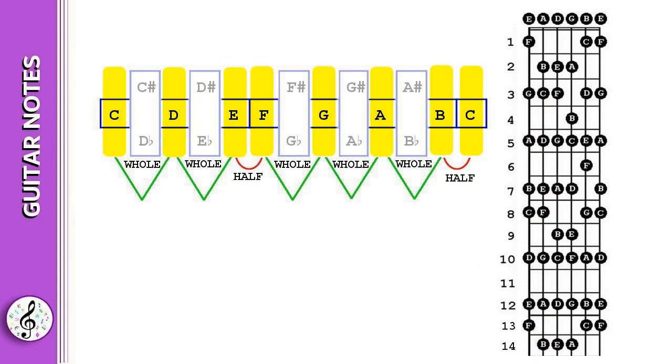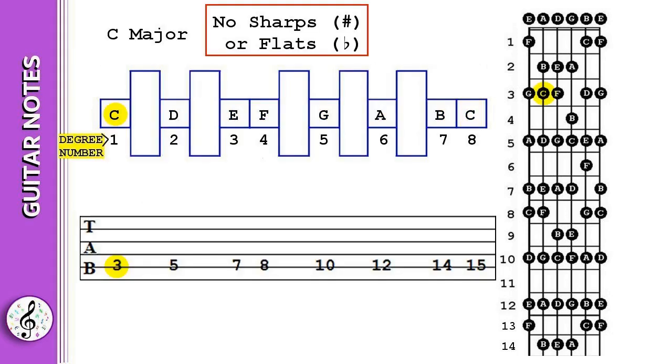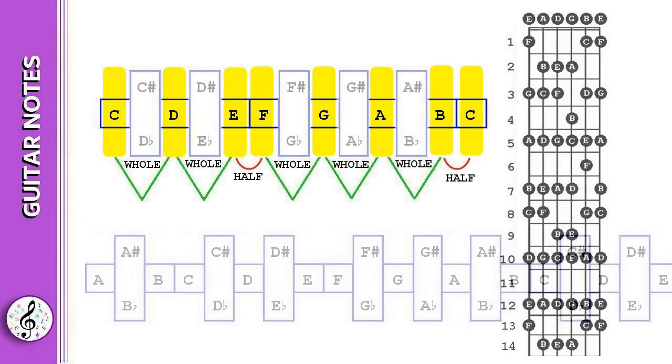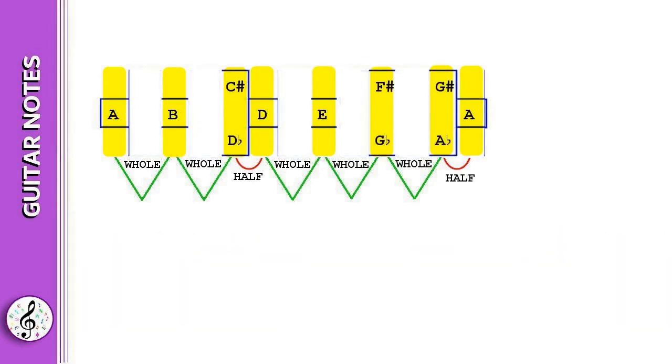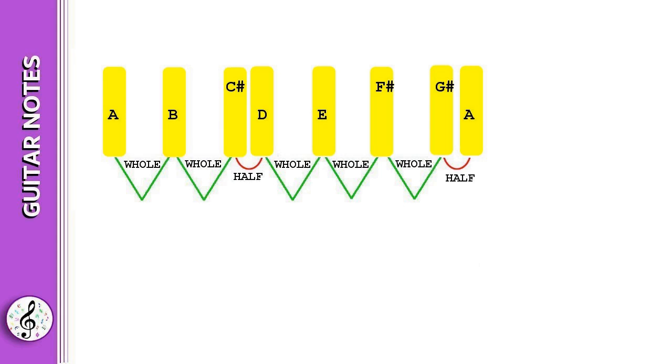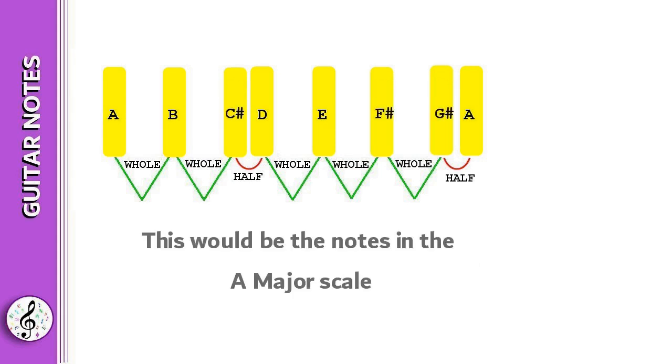And this is what makes a diatonic scale, is that specific pattern. So you can start on any note in the musical alphabet and apply this pattern to get a major scale starting on that first note.